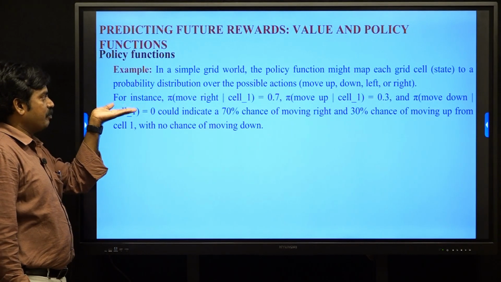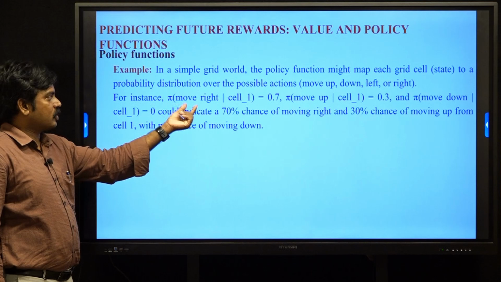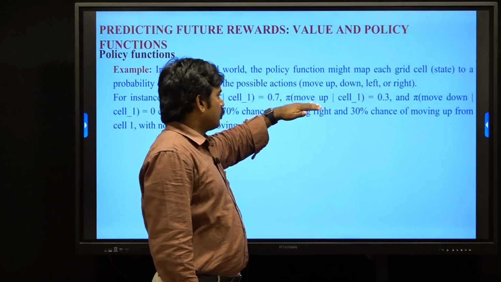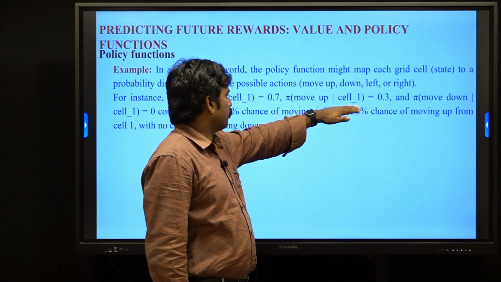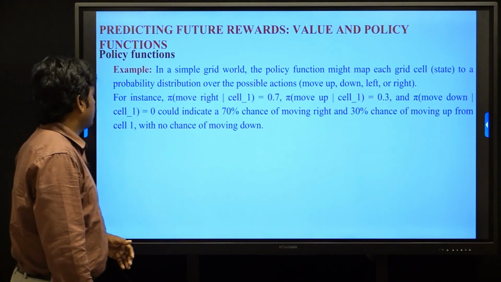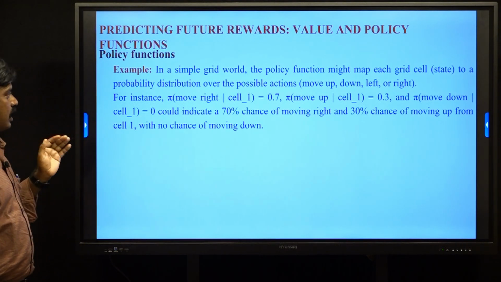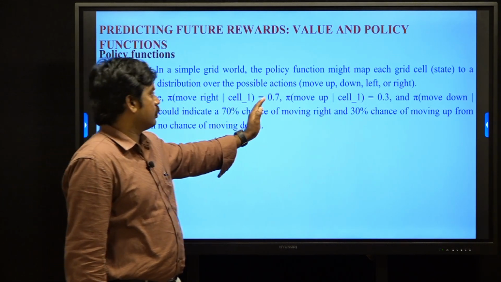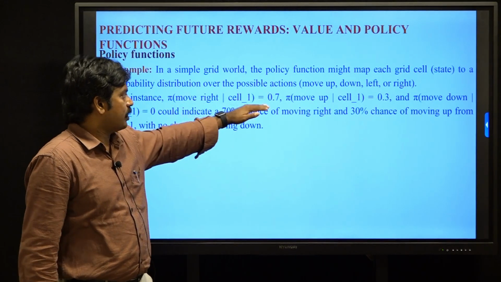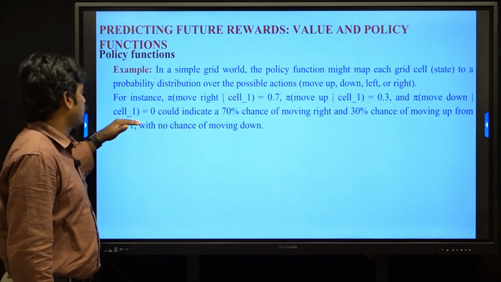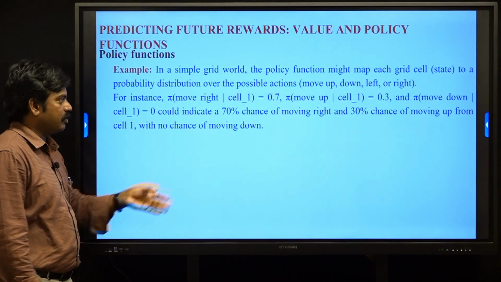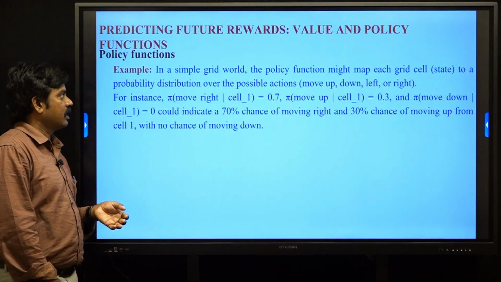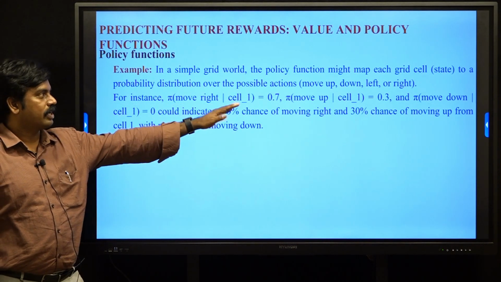For instance, the policy pi for cell 1: move right is 0.7, move up is 0.3, and move down is 0. So the actions have different probabilities: a 70% chance of moving right, a 30% chance of moving up, and no chance of moving down. This is the probability distribution of the actions in a particular state.